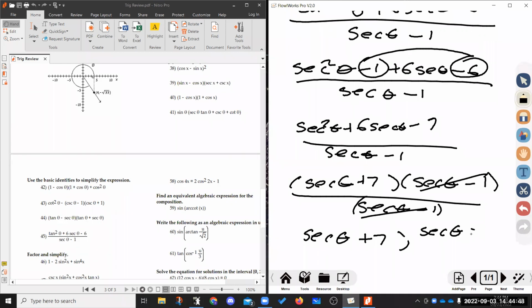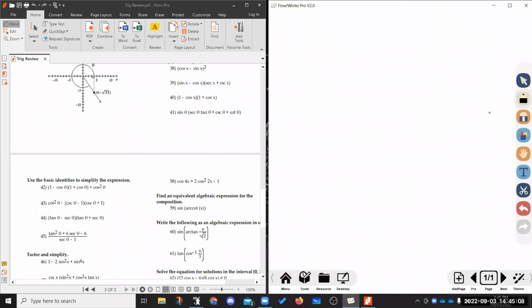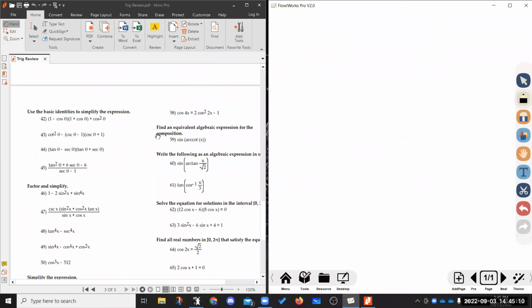Secant theta can't be equal to 1, right? There's lots of angles that would give us secant of theta equal to 1. So we can't have any of those angles or we'd get an undefined 0 over 0. Factor and simplify.